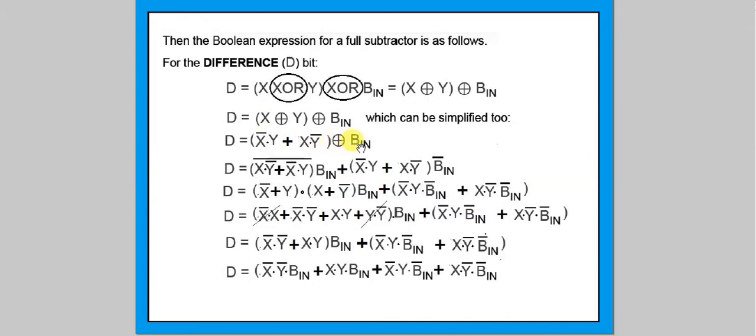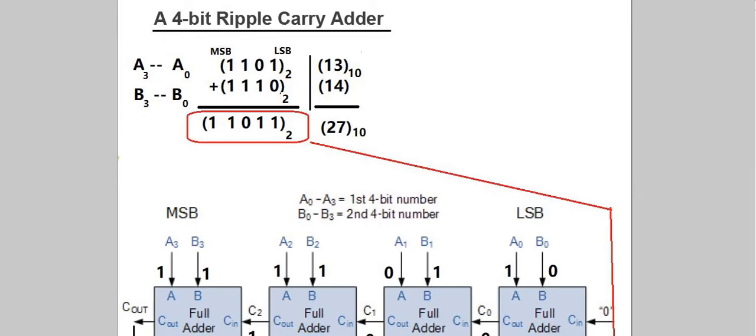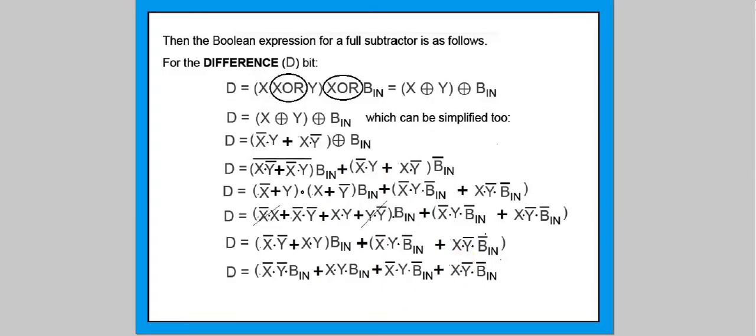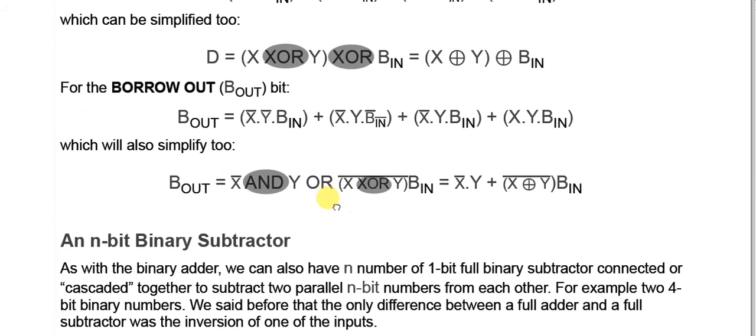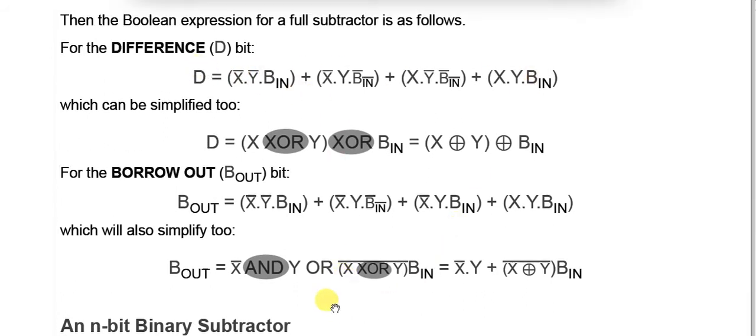So do all these calculations, it is there for you, and you will ultimately find this expression which we have in the equation as described over here. Let me show the main equation here. That main expression is calculated by simplifying this particular term, this whole X exclusive OR Y exclusive OR B in. So that's what we have got.